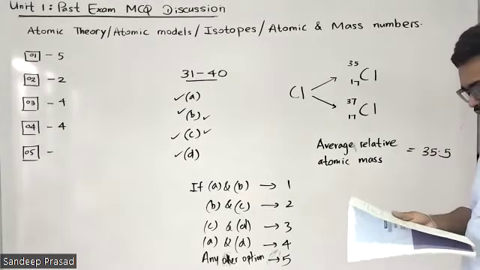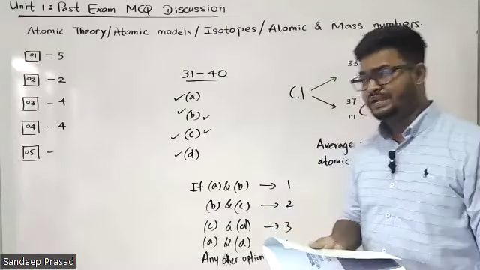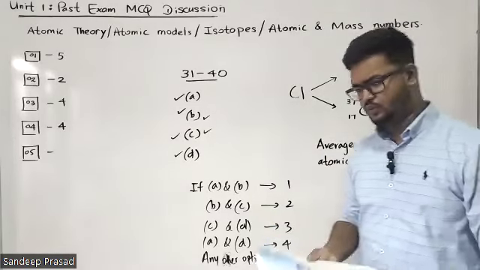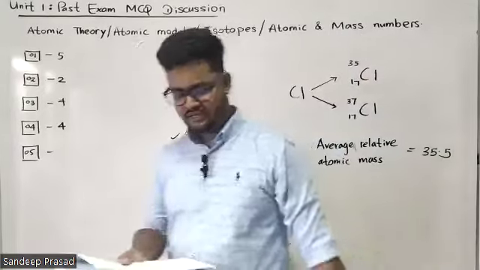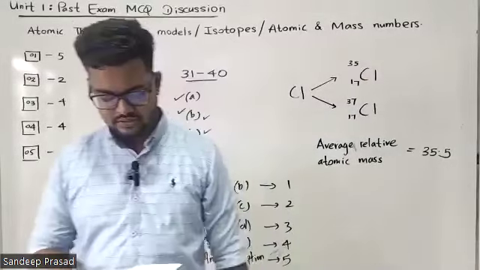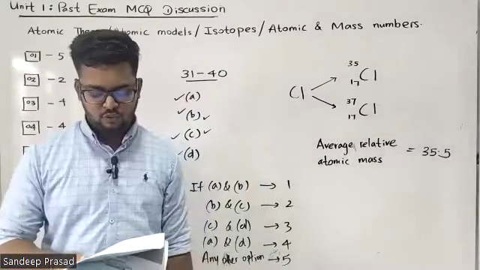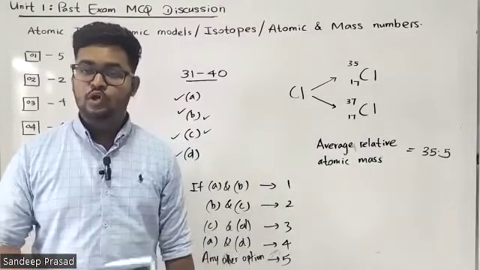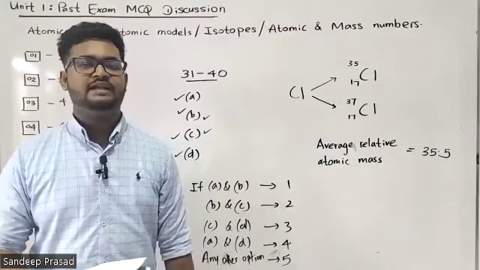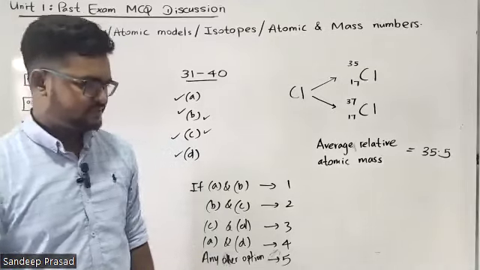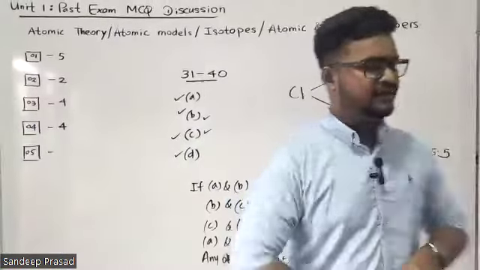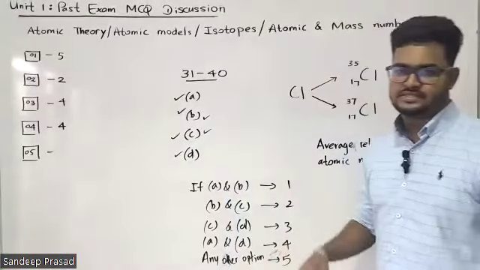Then let's go to the statements they have given. Chlorine 35 is radioactive. No, we didn't learn anything like that. That is incorrect. A natural sample of chlorine contains more chlorine 35 than 37. Yes, students, this depends on the relative abundance.